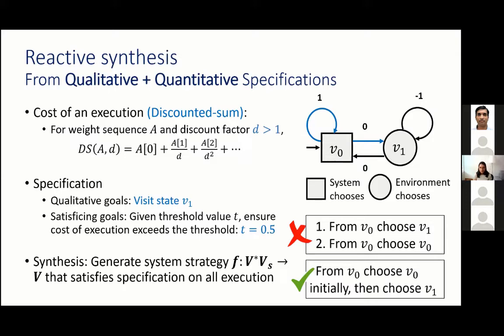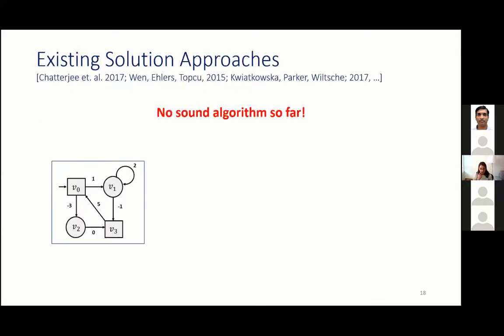So what I want to illustrate is that combining qualitative and quantitative specifications means that the nature of the strategy that needs to be generated can become a little bit more complex. And several works in the past have attempted to solve this problem. However, none of the existing solutions are sound.